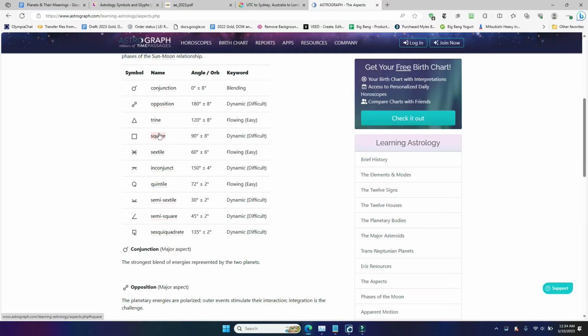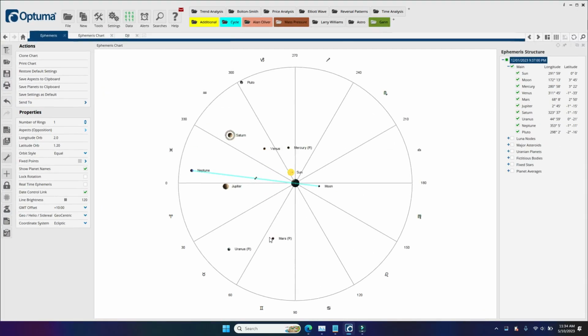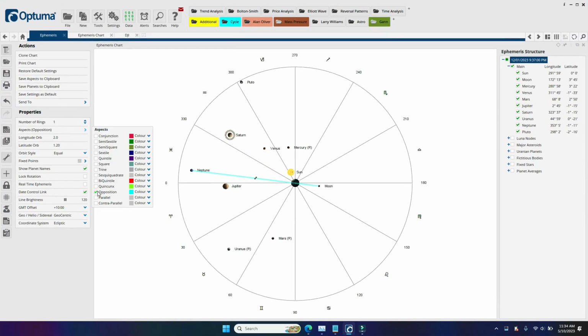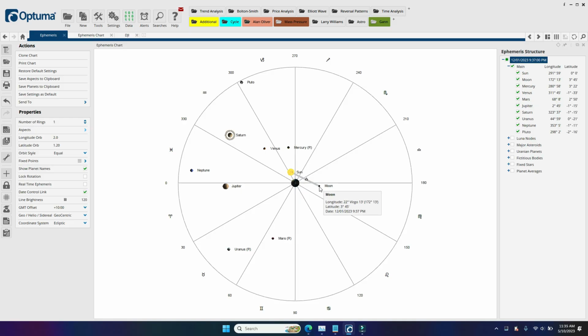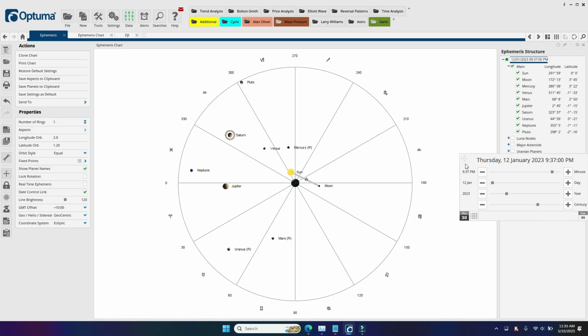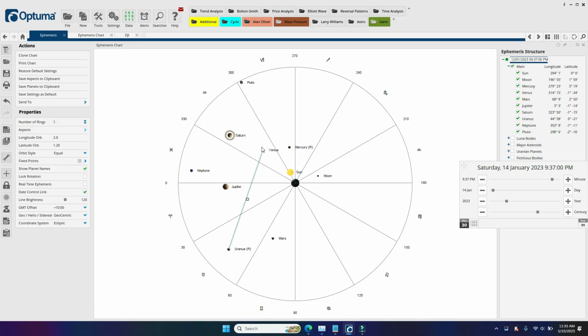Then you have trine and you have square. Now trine and square are pretty obvious. You've got a triangle and a square. So that means we have the sun and the moon 1, 2, 3, 4 signs away from each other. And then if we have a square, we now have 1, 2, 3 signs away from each other.